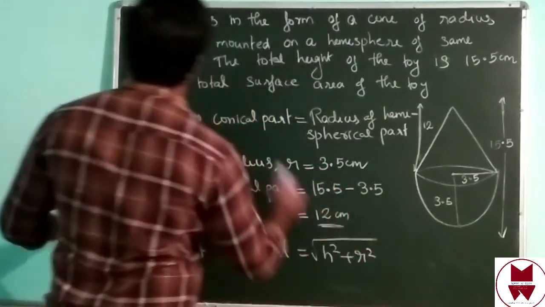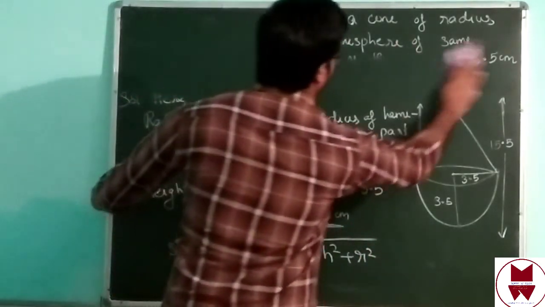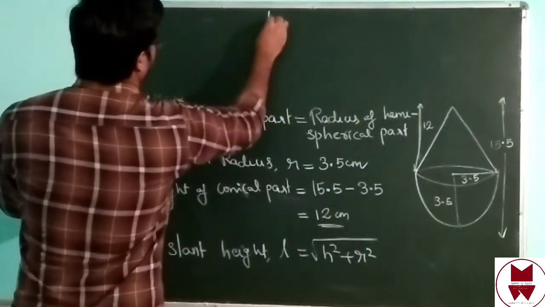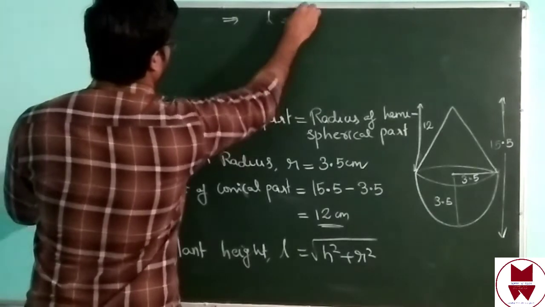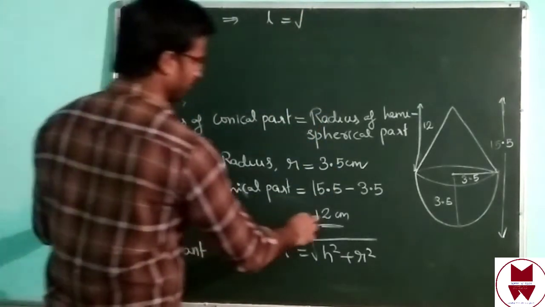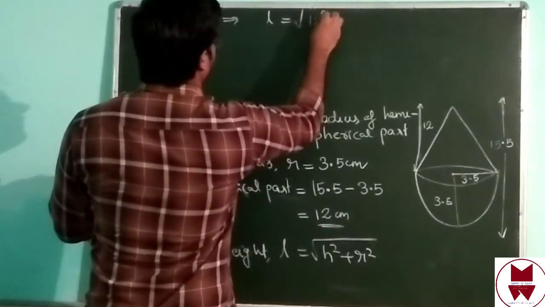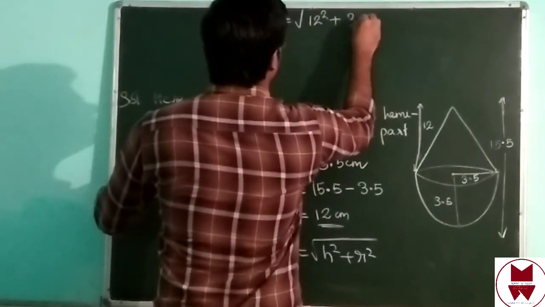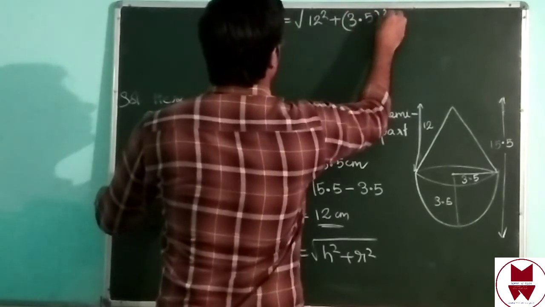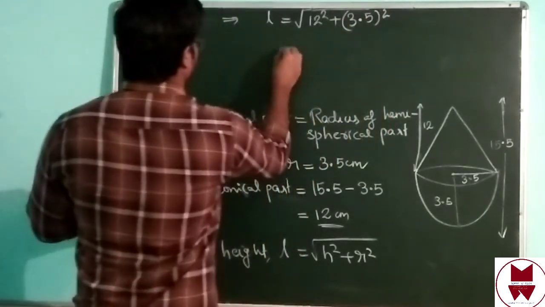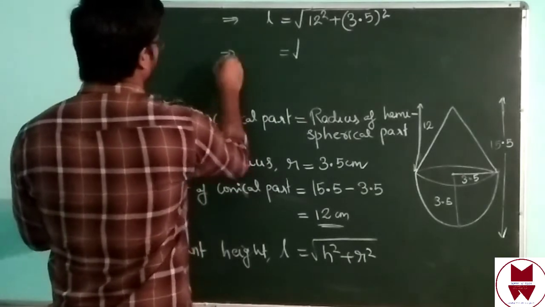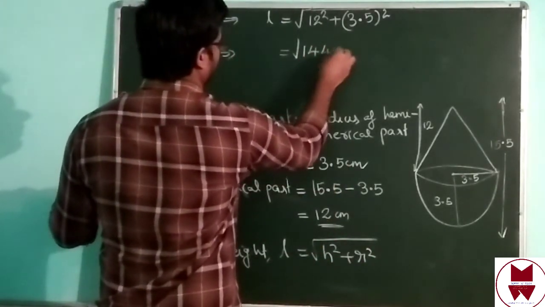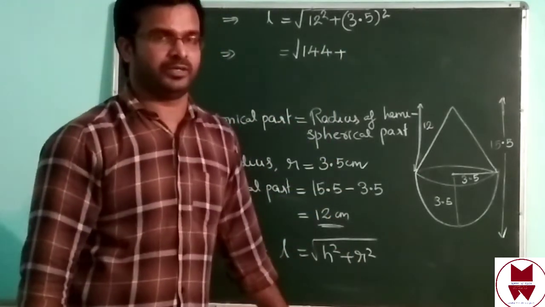That is slant height L equal to square root of h square, h how much? 12 square plus r square. Radius is 3.5, 3.5 whole square, equal to square root of 12 square, 12 into 12, 144 plus 3.5 into 3.5.